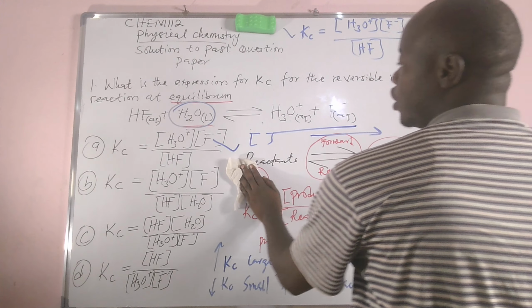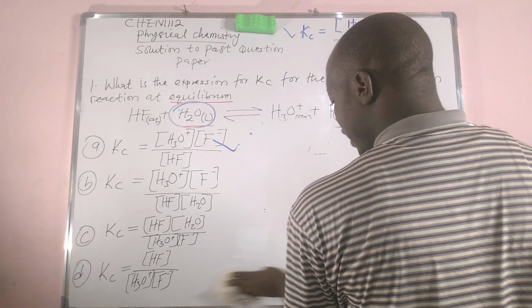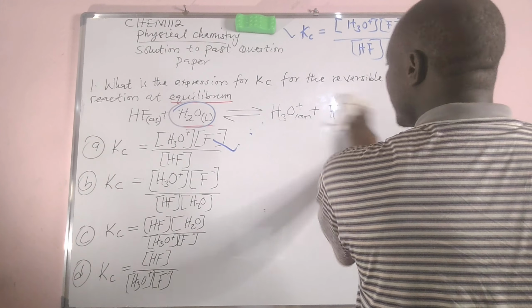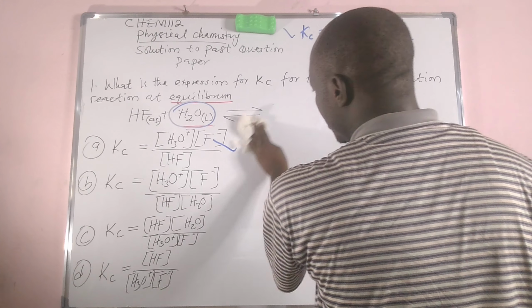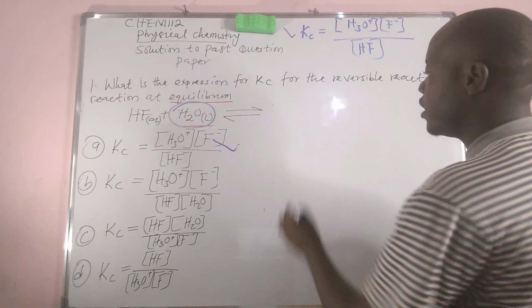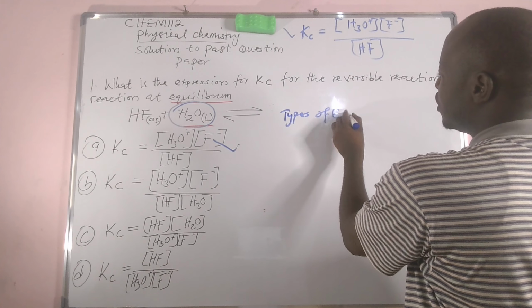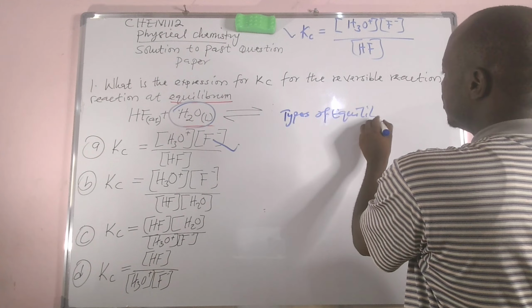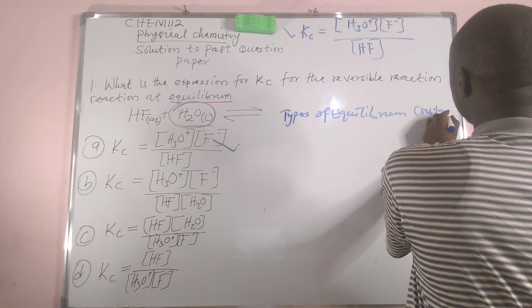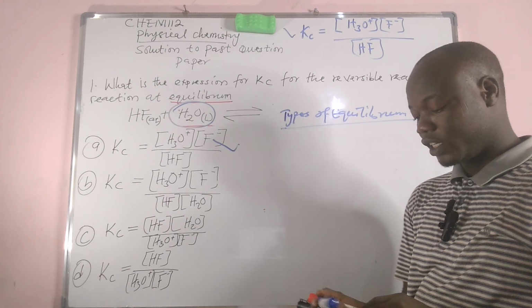Sometimes I prefer, while answering questions, to also add information so that when similar or related questions are given, you will be able to answer. So we have types of equilibrium constant.